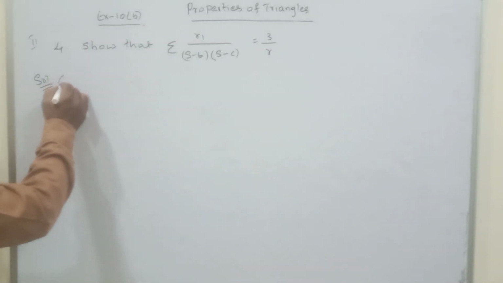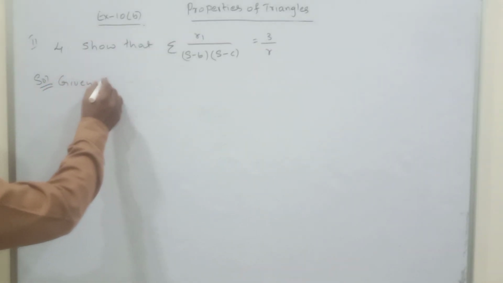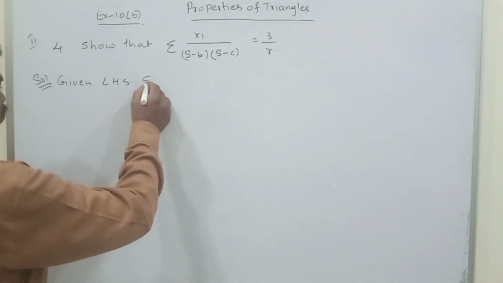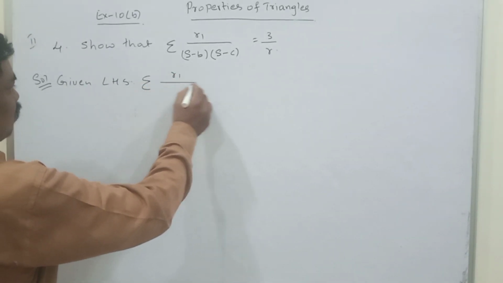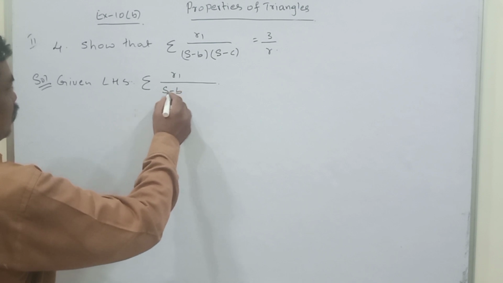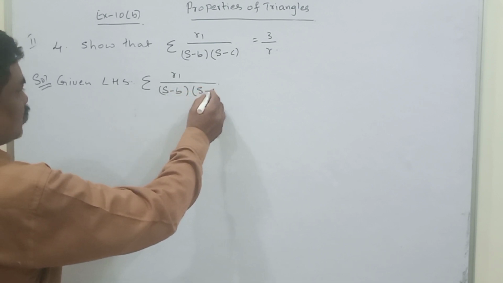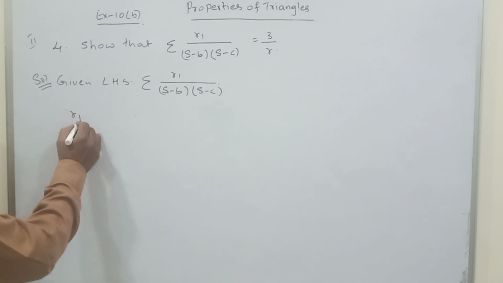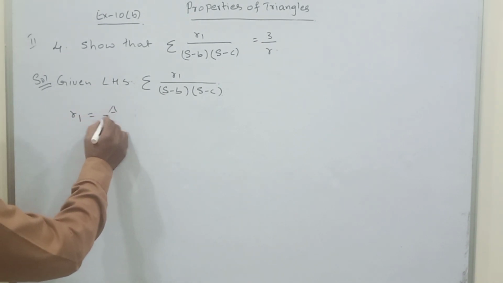So here given LHS. What is given LHS? Sigma R1 by S minus B into S minus C. Then you have to write R1 is equal to what?